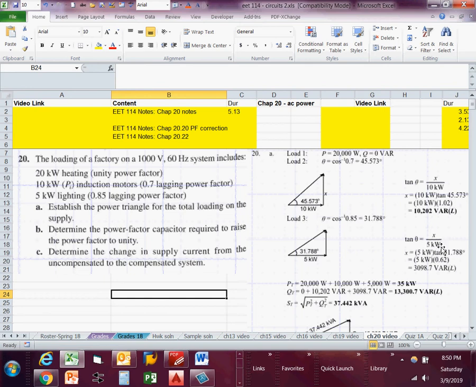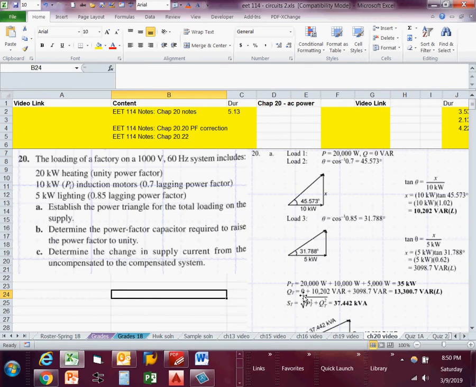You know what P is, and you know what the phase angle is, so you can figure out what Q is. That's 3,098.7 vars inductive. So P sub T equals 20,000 plus 10,000 plus 5,000, which is 35 kilowatts.